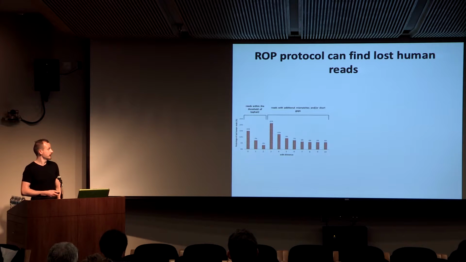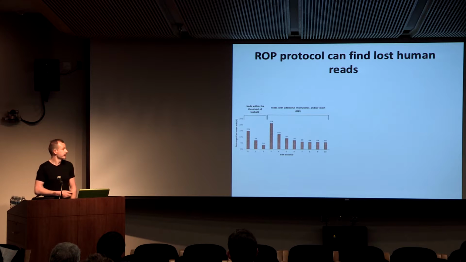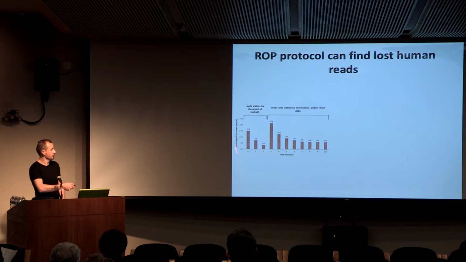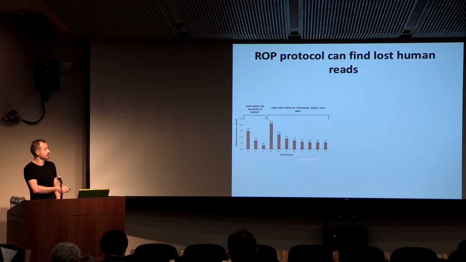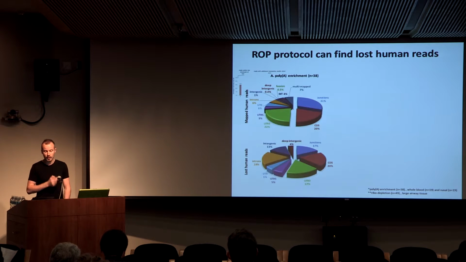If you look at the distance of those reads in terms of the reference, some of them come within the threshold of the high-throughput mapping tool we were using, which is TopHat. Some of them contain additional mismatches. If you're curious what particular place in the genome they come from, there is no particular place.